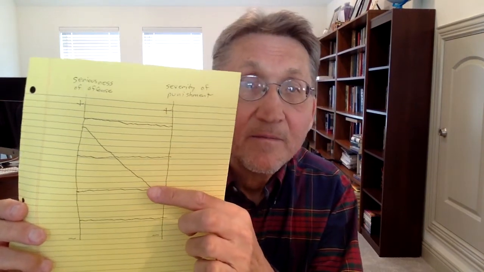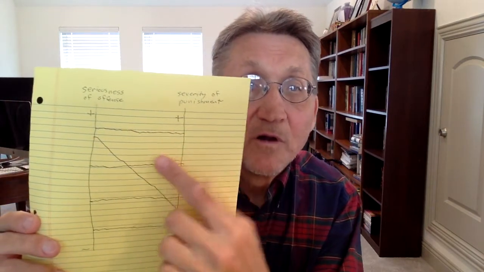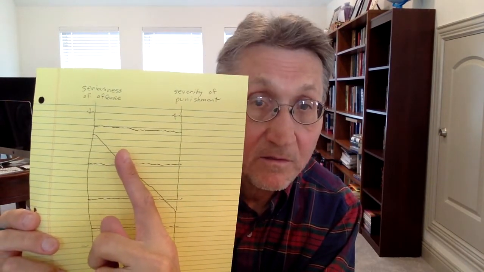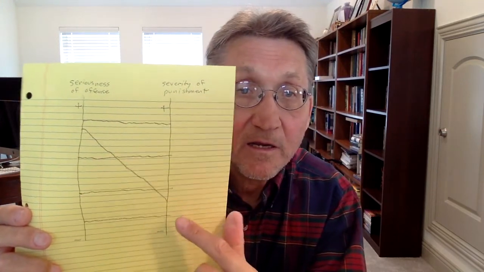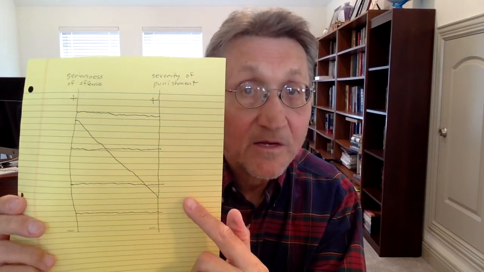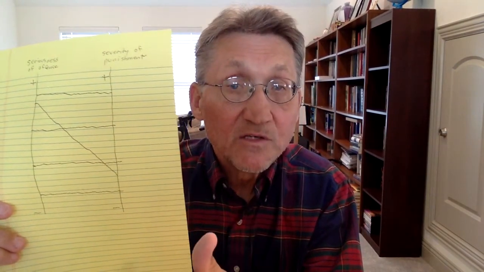Okay, do you see that diagonal line I drew right here? What that shows is that we've got a crime, up here, we've got a pretty serious offense, but we're punishing it lightly. We're not punishing it as severely as we should. There's a kind of injustice.